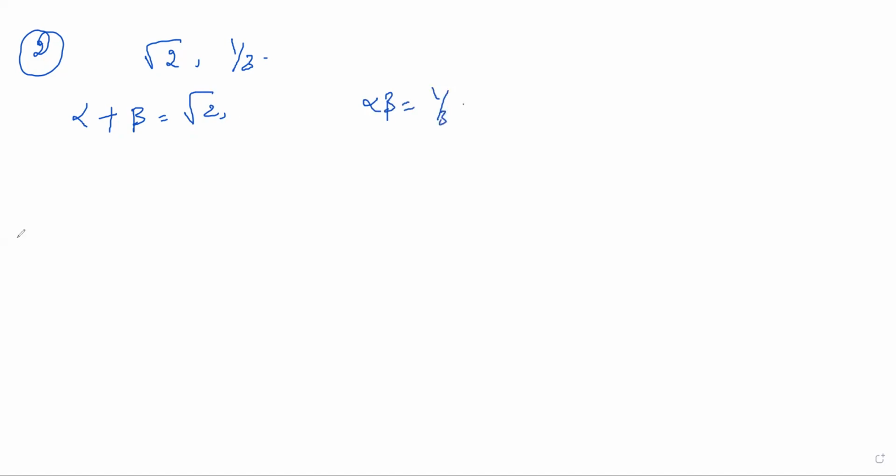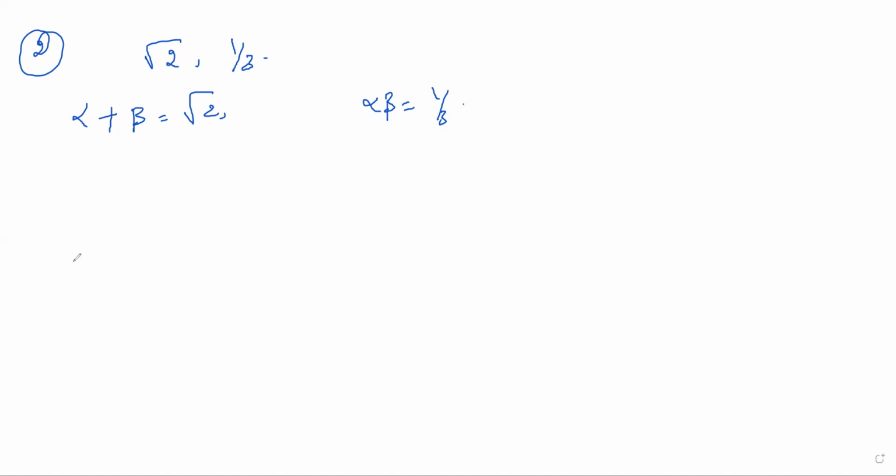Next question. So the sum is root 2 and the product is 1 by 3. So alpha plus beta is equal to root 2. Alpha into beta is equal to 1 by 3. So what is the equation, children?